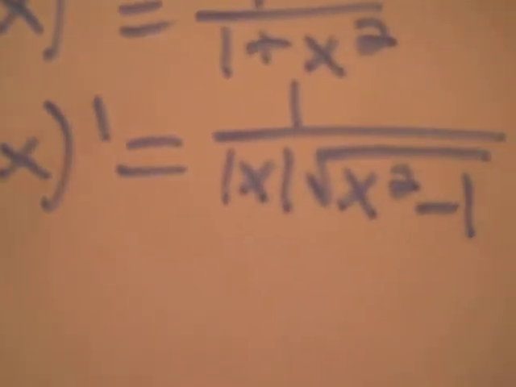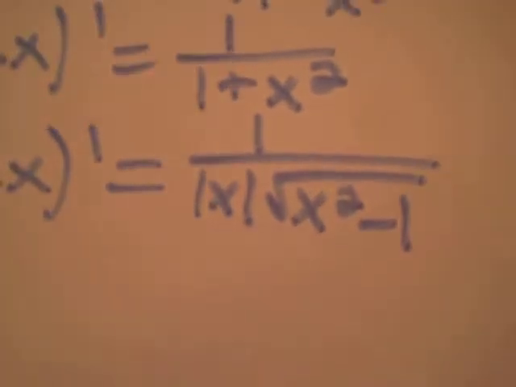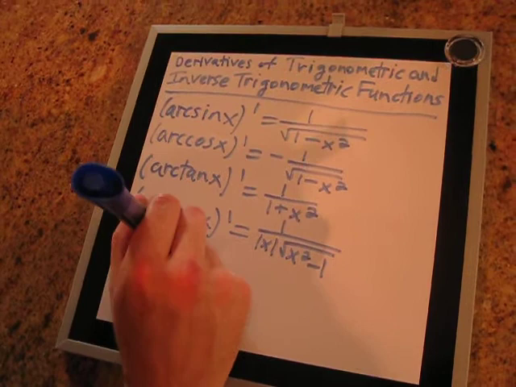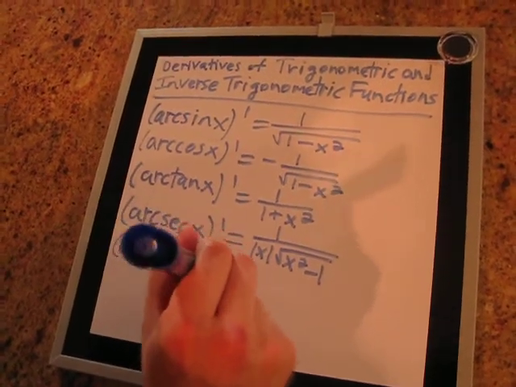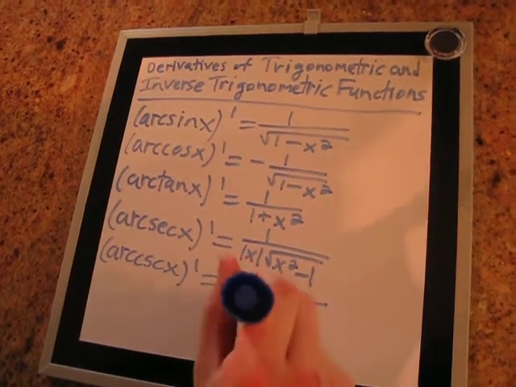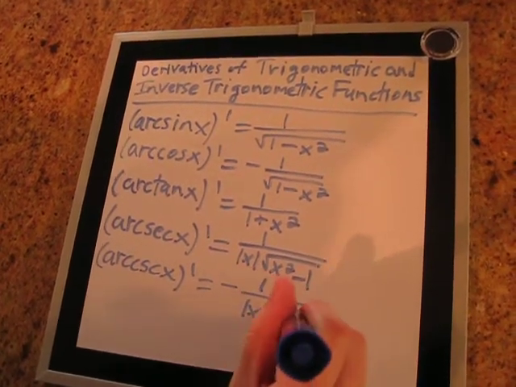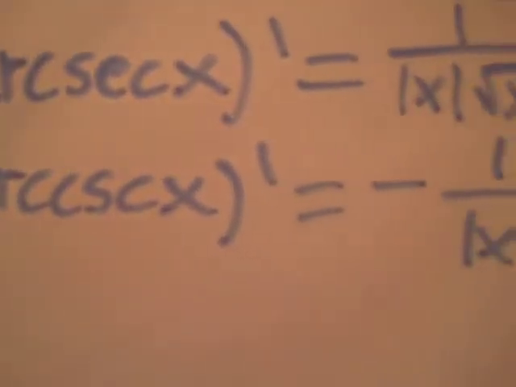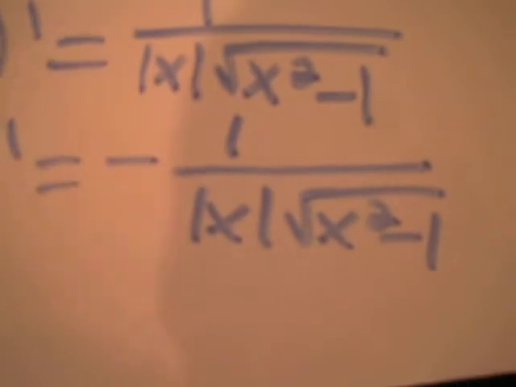The fifth one is arccosecant, and the derivative of arccosecant is the negative of the derivative of arcsecant, which is negative 1 all over the absolute value of x times the square root of x squared minus 1.